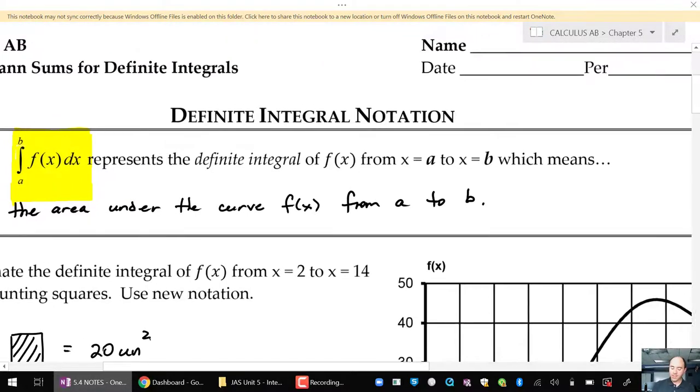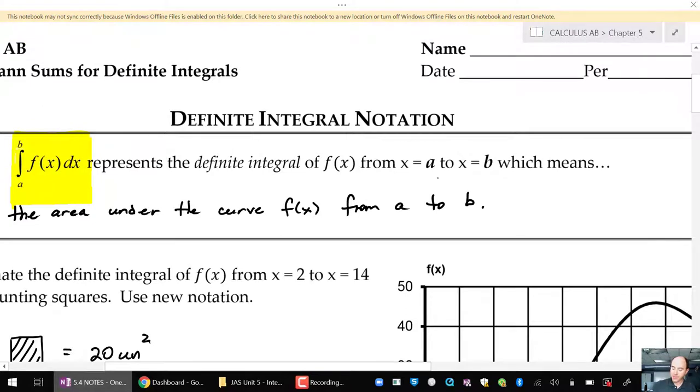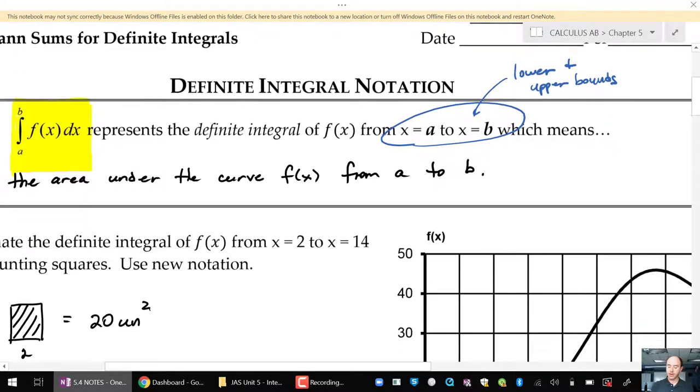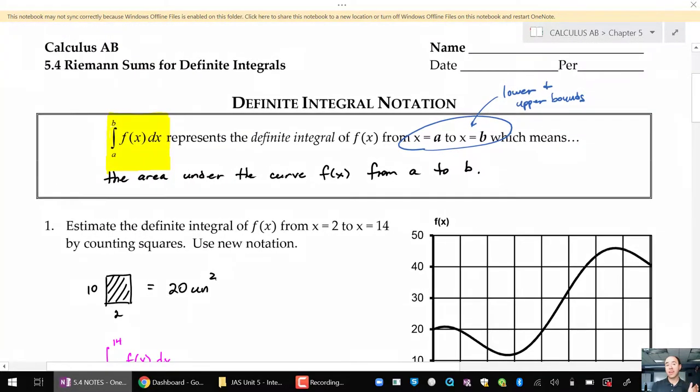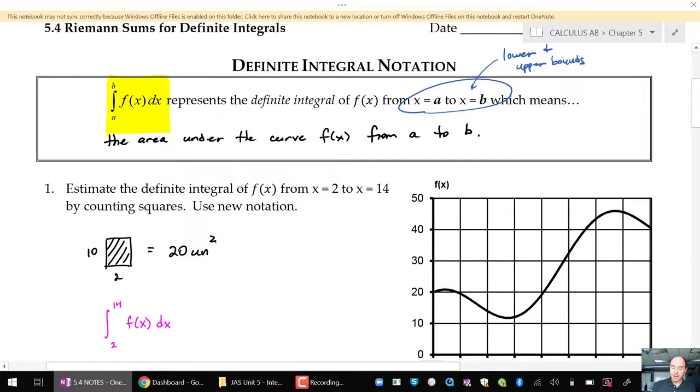And this a value and the b value right here, those would be the lower and upper bounds of the function. So we want to have a starting point and an ending point. We can't have no bounds because there's no way to compute or calculate an infinite amount of area.